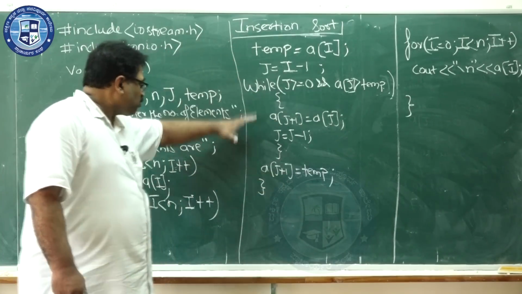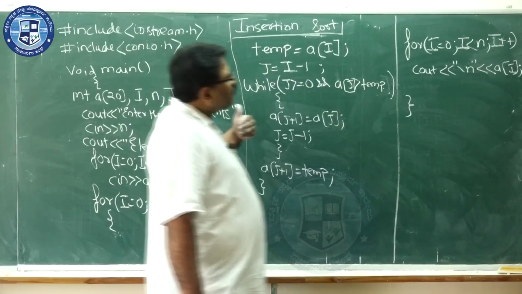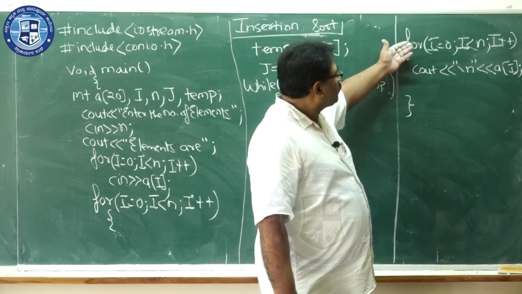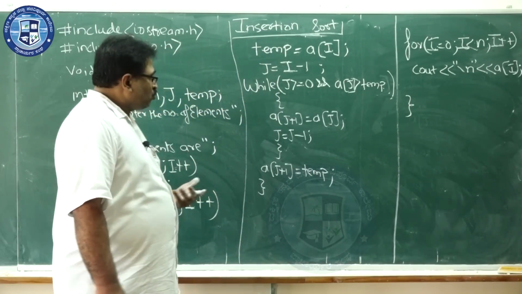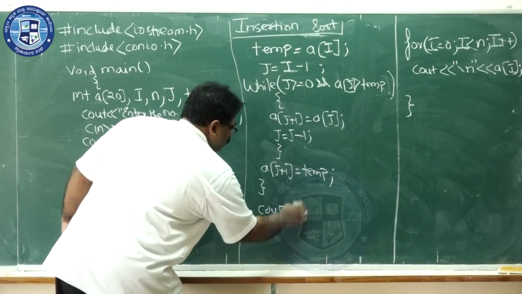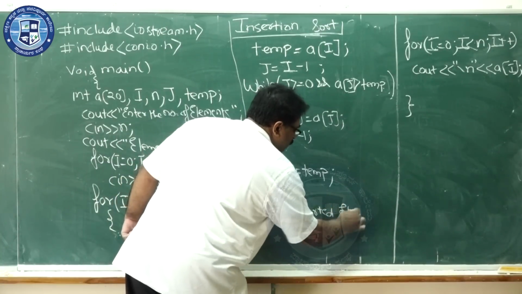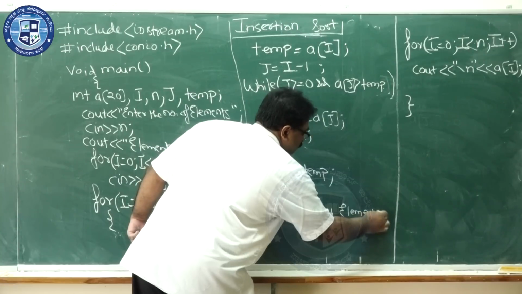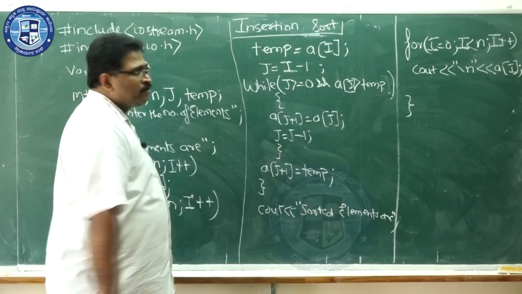So this is the sorting process. And then finally we come to the output, where we display the sorted elements. So we can even write down the statement here, cout sorted elements are, right? And then you can display.